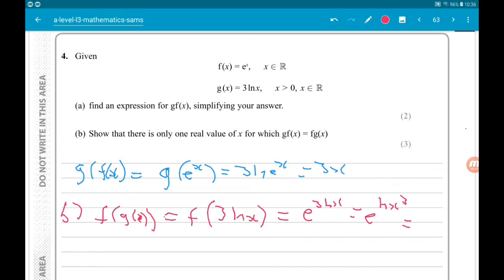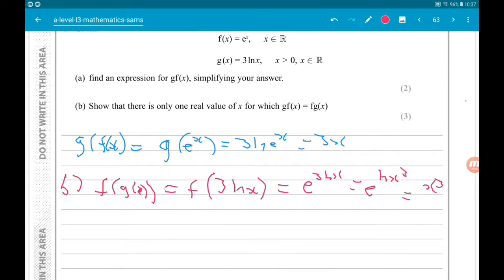Now again, e and log cancel each other out, so this is just x cubed.